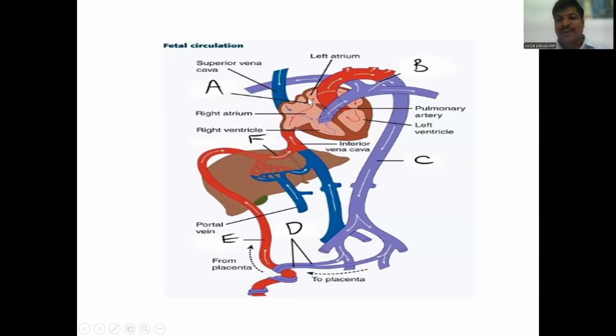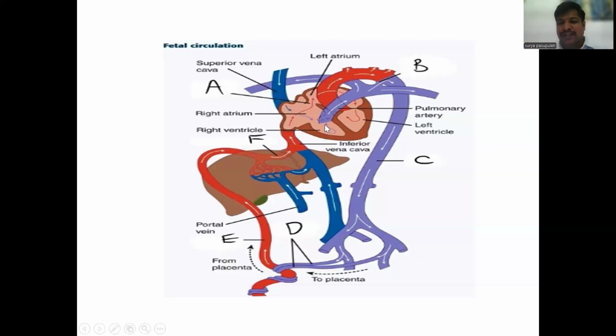There is an opening between the right atrium and left atrium in the atrial septum, known as the foramen ovale. As the pressure inside the right side of the heart is more compared to the left side, the blood moves from the right atrium to the left atrium, then to the left ventricle, and from the left ventricle into the aorta, which carries the blood to all parts of the body.